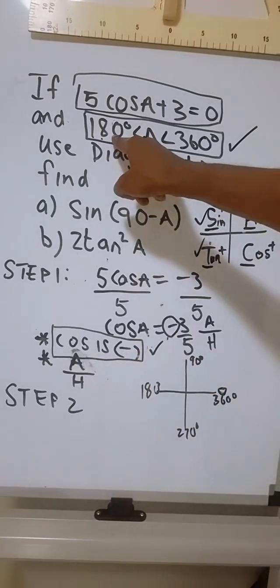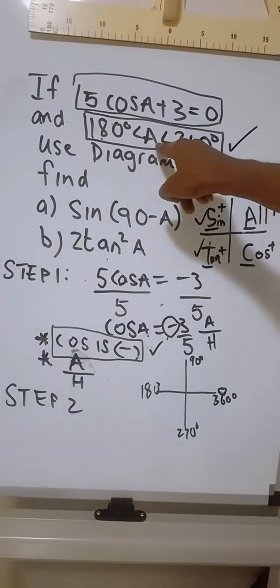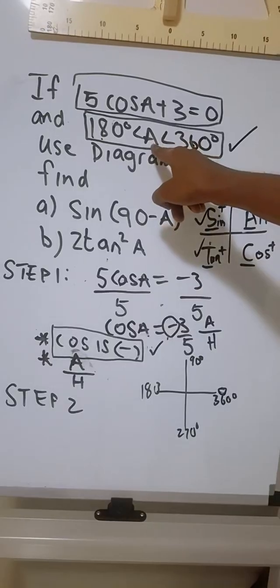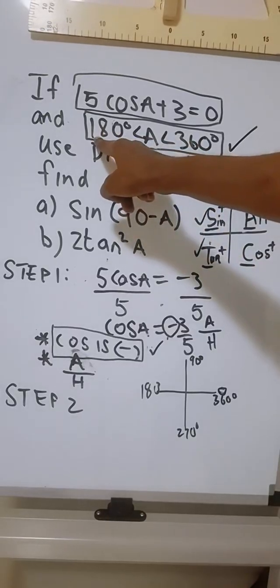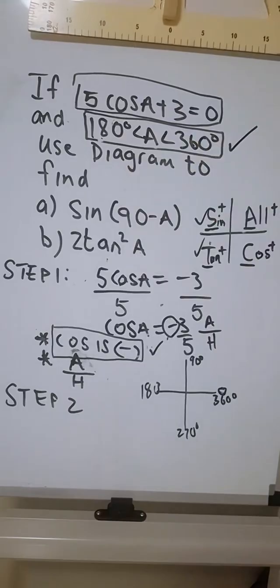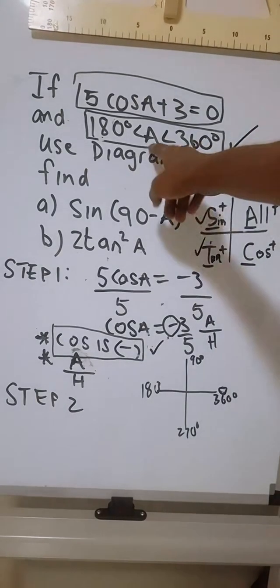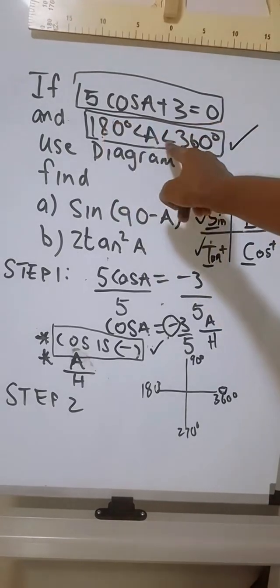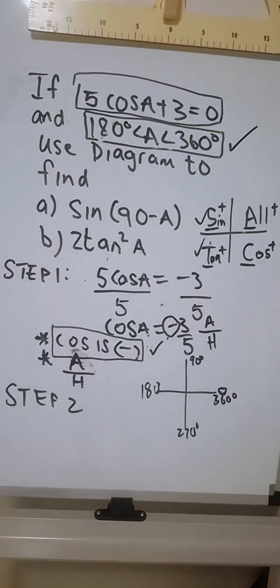We then go to our restriction. The angle A lies between 180 and 360. In other words, A is greater than 180 but less than 360.